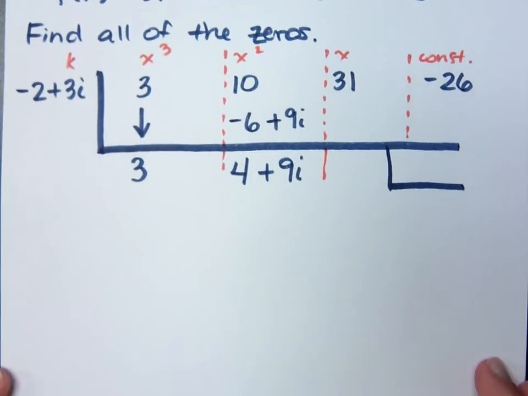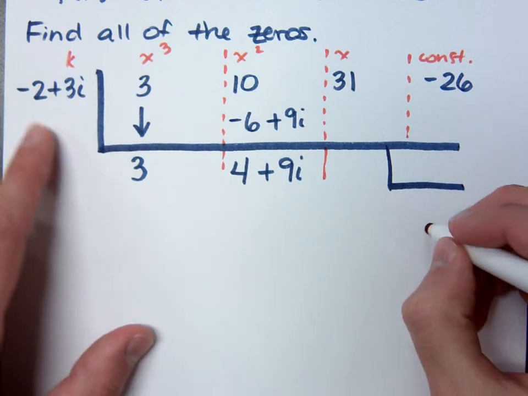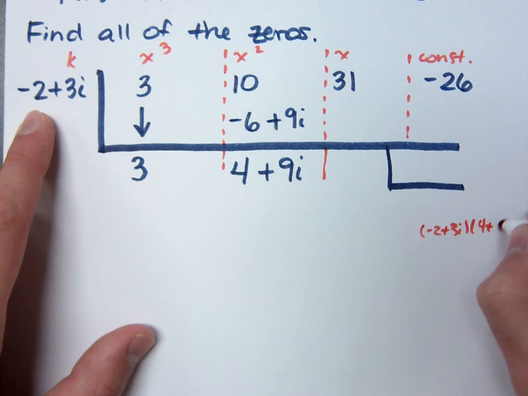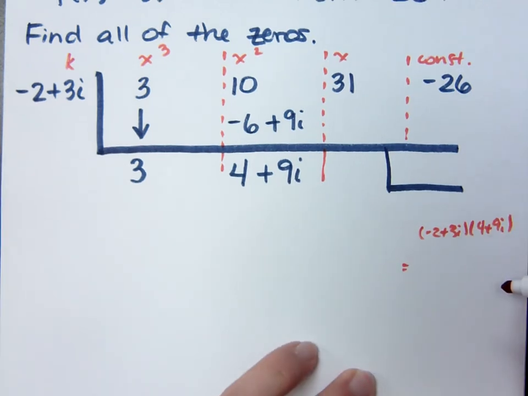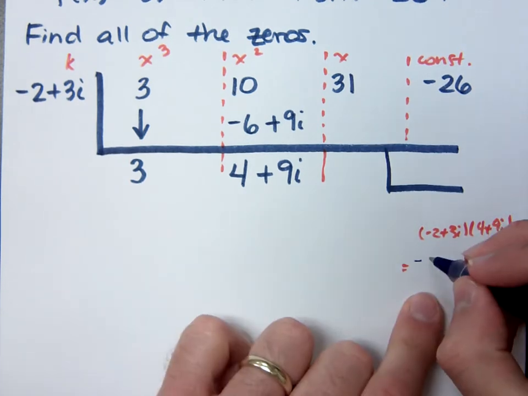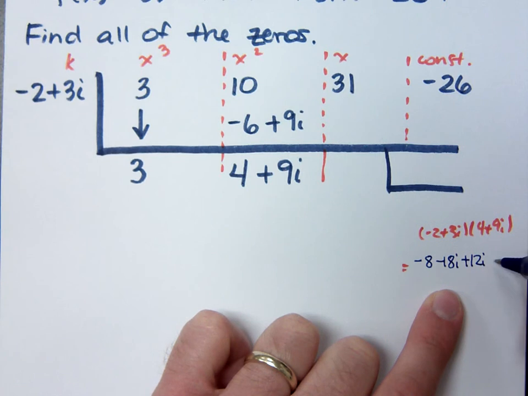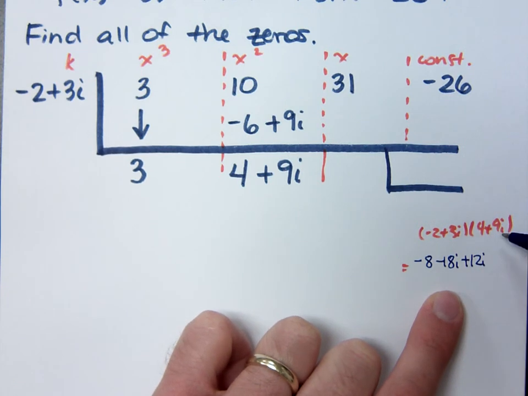So I'm going to go up here to the side and work that out for you. So negative 2 plus 3i times 4 plus 9i. I'm going to use a pen so I can write more clearly here. This gives me negative 8 minus 18i plus 12i. 3i times 9i is 27i squared, so it becomes a negative 27.